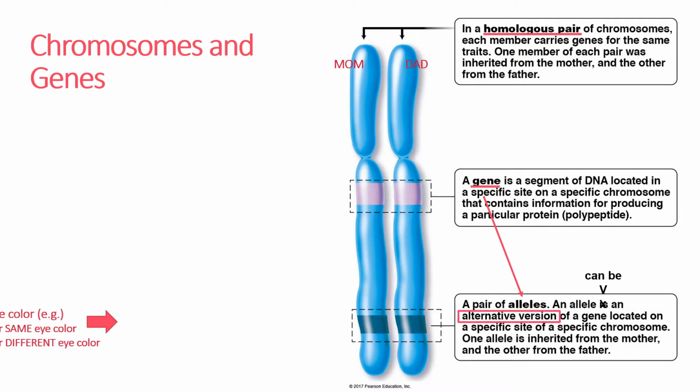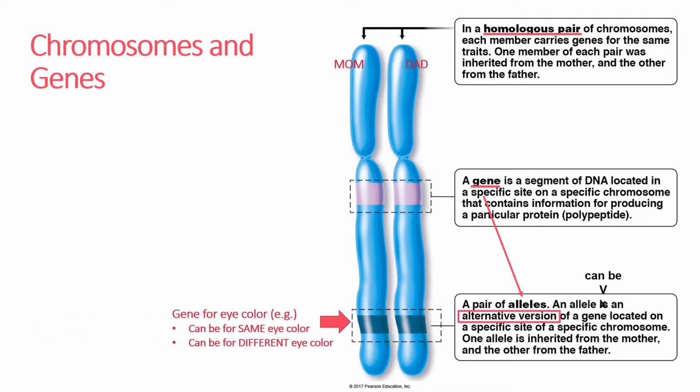For example, if we look at the gene for eye color, it's possible that mom chromosome and dad chromosome have the same alleles. In other words, the same versions of that eye color gene, which might be the gene for blue eyes.